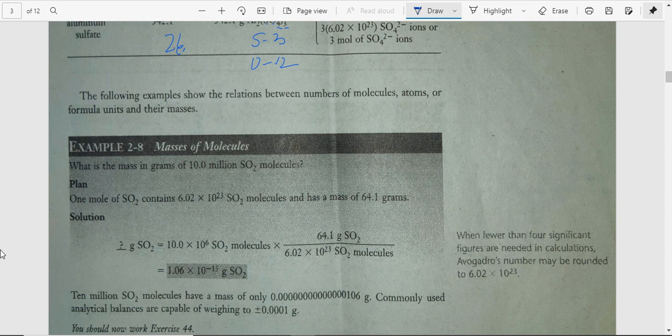So the plan is 1 mole of your SO2 contains the Avogadro's number of SO2 molecules and has a mass of 64.1 grams. That is the formula weight of your sulfur and oxygen combined.